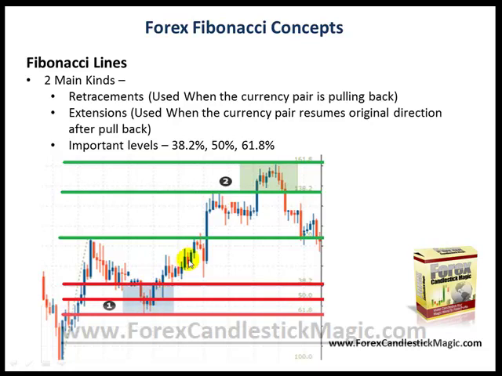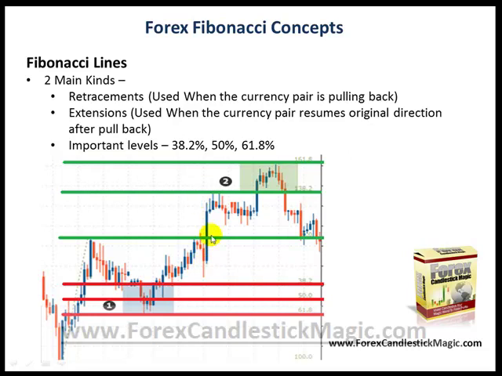And once the currency pair started going in this direction, these are the three extension levels where it is expected to find a resistance. So this line is a high created by the run here. That means this is a good resistance level, and the currency pair could have bounced off. For example, if you see here, the candle touched here, it tried to break this level, it couldn't, and then it pulled back.